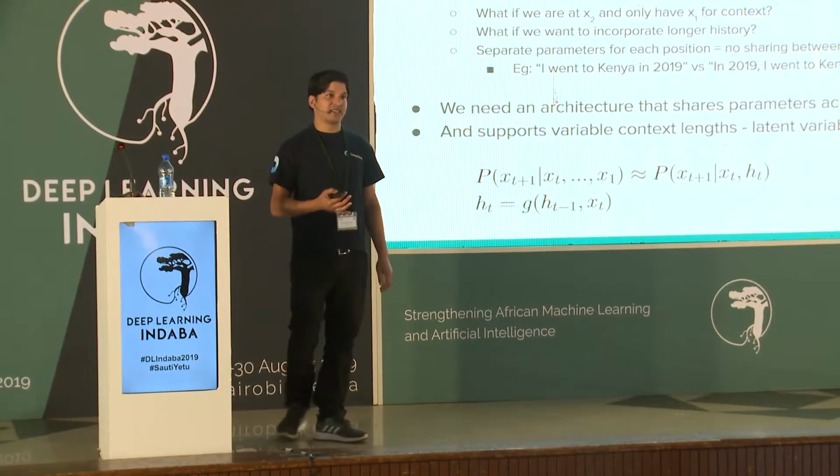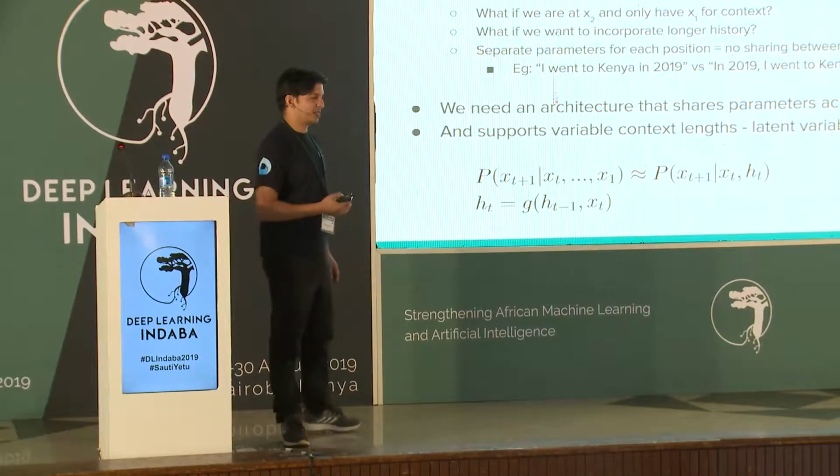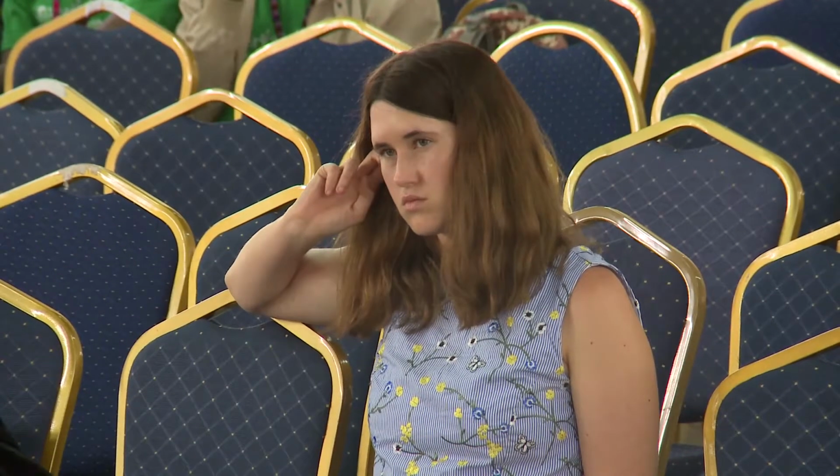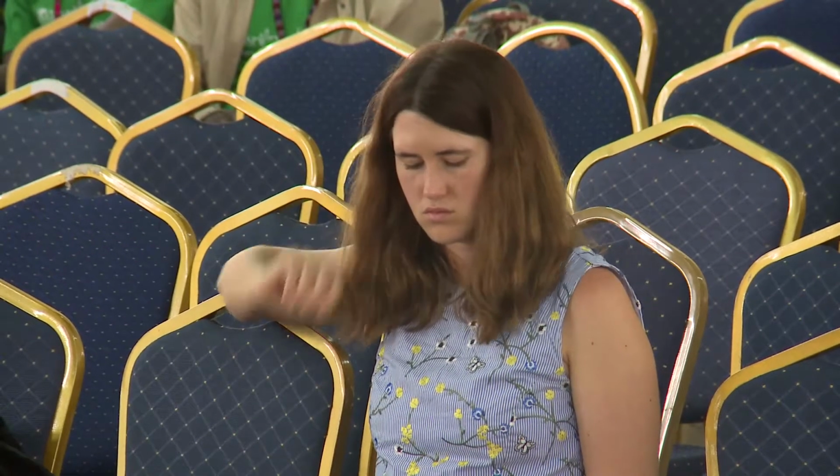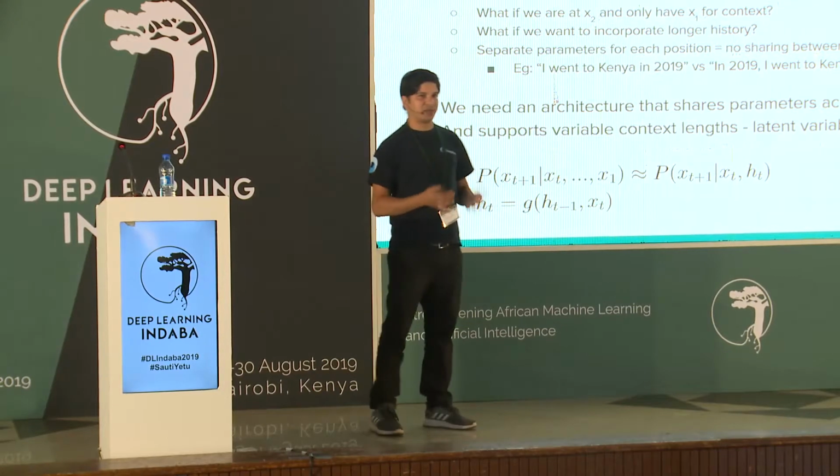Another problem is that MLPs or feedforward networks will have separate parameters for each position and no sharing of information between positions.